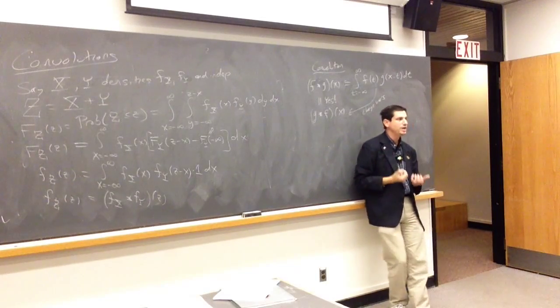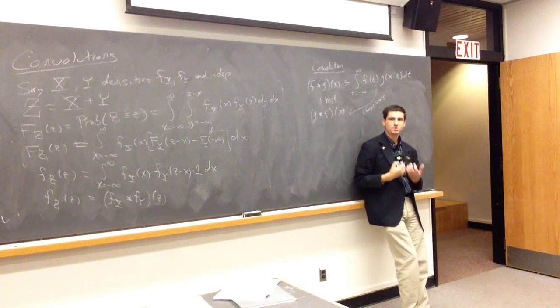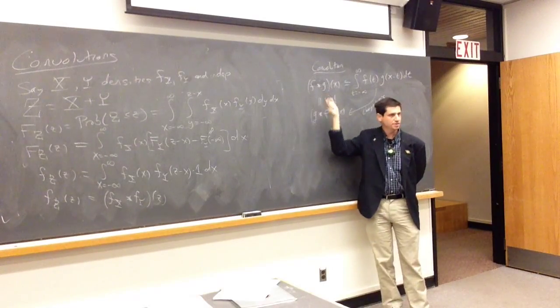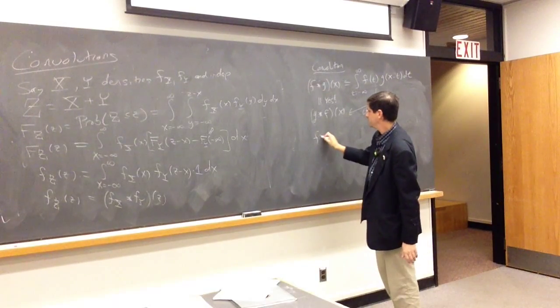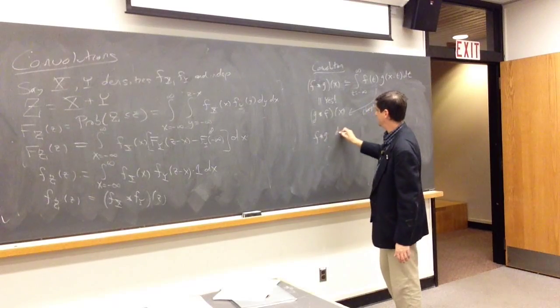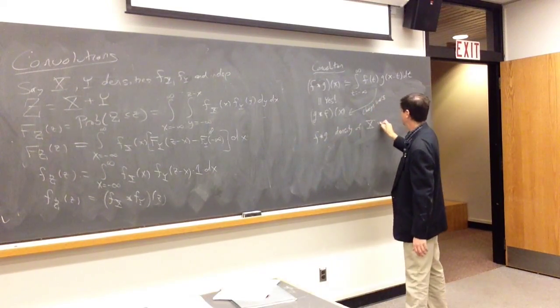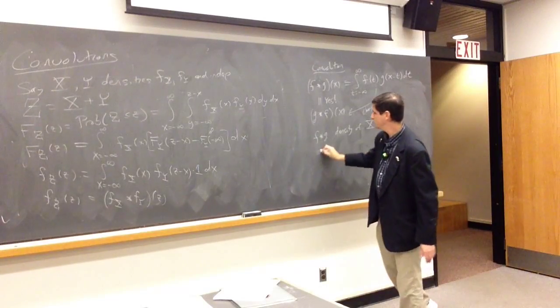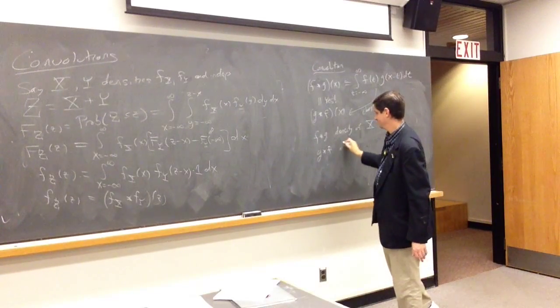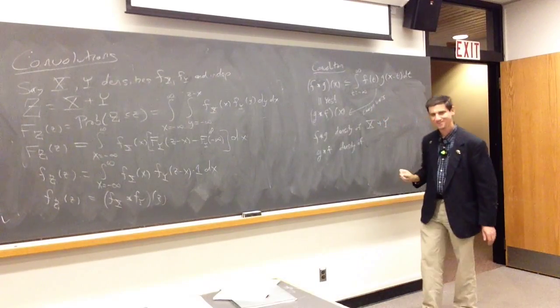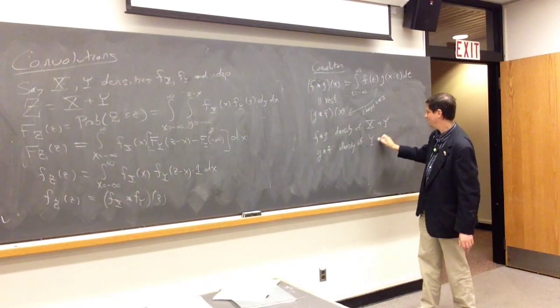There's a better way of doing this because we're taking a probability class. What does f star g represent? f star g is the density of, say, x plus y. What's g star f? The density of y plus x.